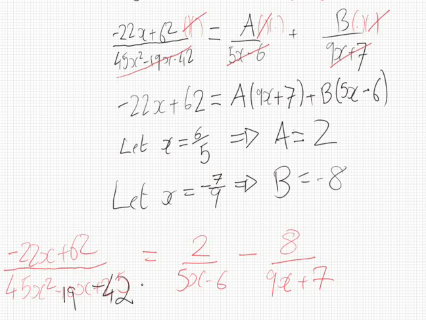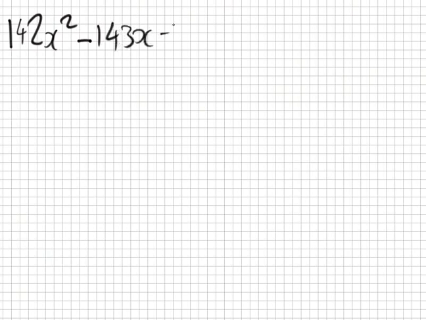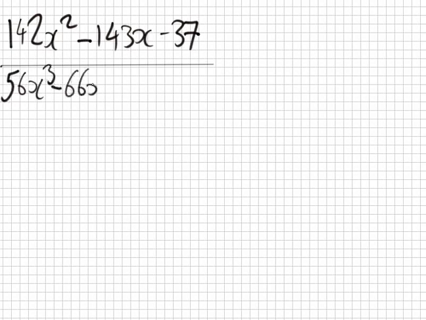Skip down to G. So in G you have 142x squared minus 143x minus 37 all over 56x cubed minus 66x squared minus 227x plus 105.